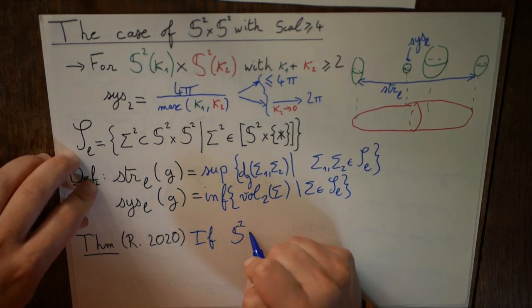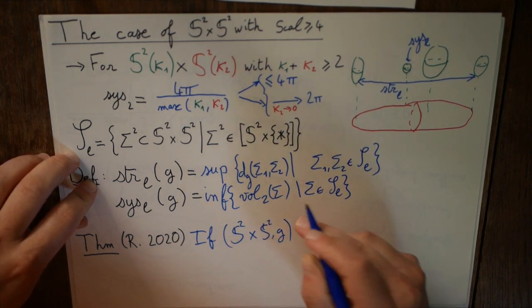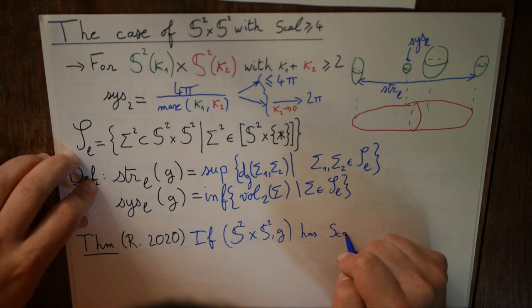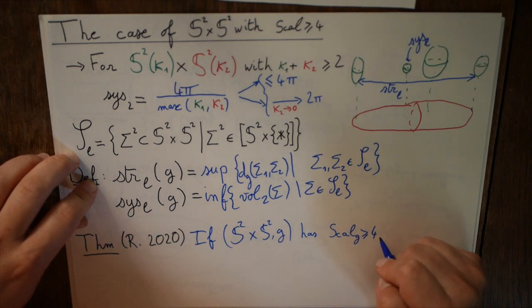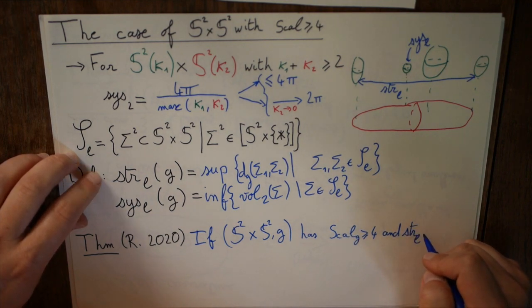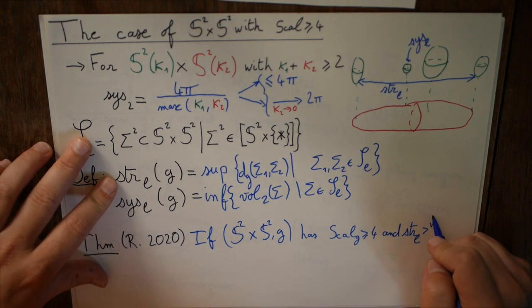Assume S2 times S2 with a Riemannian metric G has, first, scalar curvature greater than 4 and left stretch bigger than square root of 3 over 2 times pi.